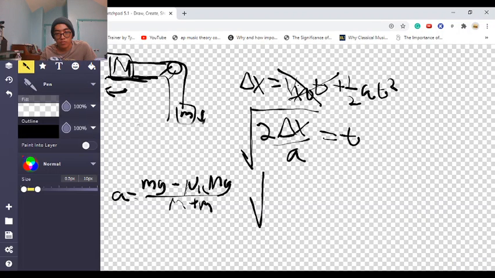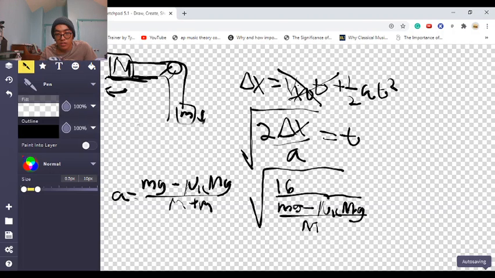So what time ends up being is 16 over this fraction right here, which is mg, and I know it's going to look a bit messy, but hey, that's what physics is, just a little bit messier than usual, minus mu k Mg, capital M, don't forget about that. The specificity matters. Plus M. And that is your answer.